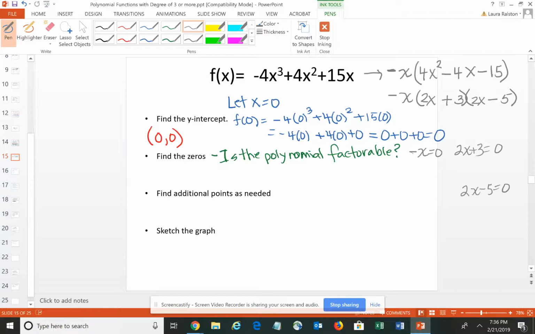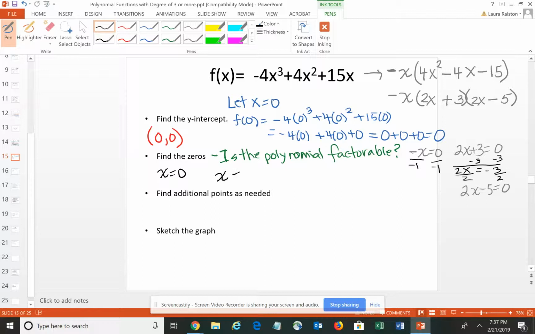And so if I solve each of those respectively for x, okay, so I divide by negative 1. So I have x equals 0. I subtract 3 from either side. 2x equals negative 3. Divided by 2, divided by 2.